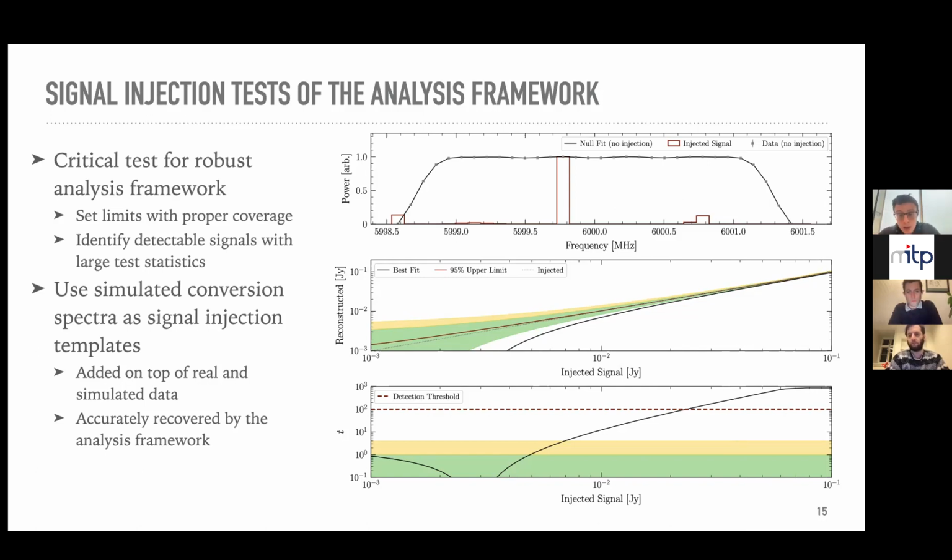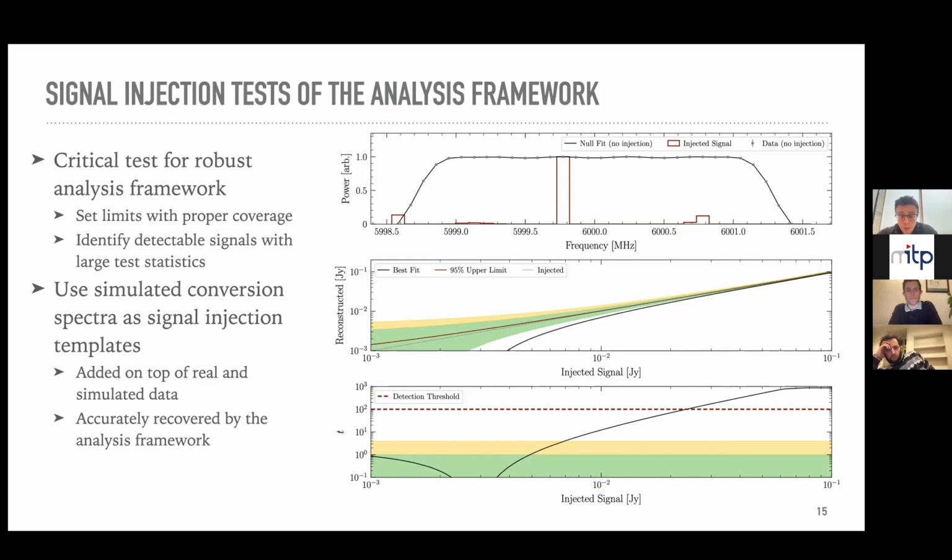And you can see that within the error bands for that 95% upper limit, that's in green and yellow, we're setting appropriate upper limits. They're not excluding real signals that are present in the data. Eventually, as the signal becomes very strong, as we'd expect, the magnitude of that signal is accurately reconstructed. At weak signals, you're of course dominated by statistical error, and you don't expect to reconstruct precisely the right injected signal strength.